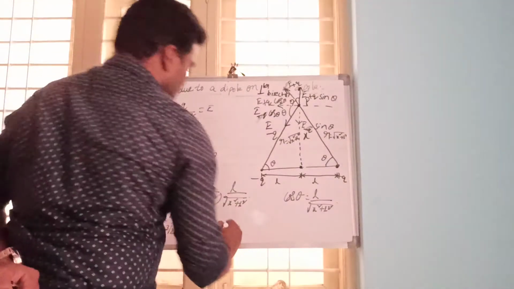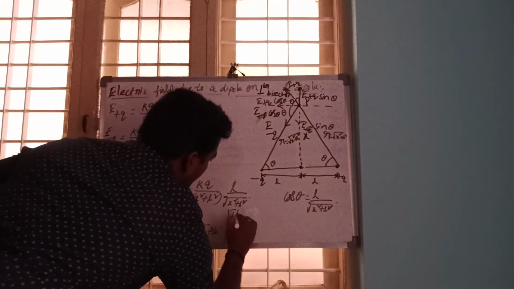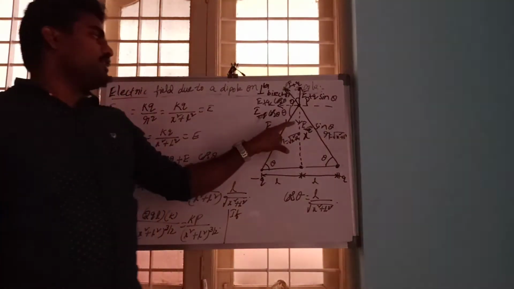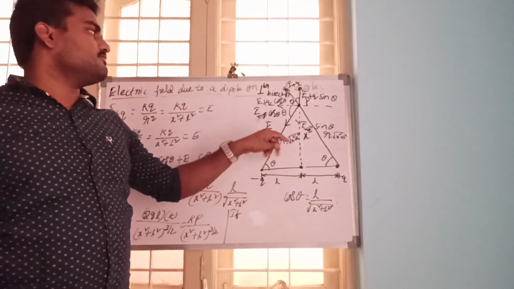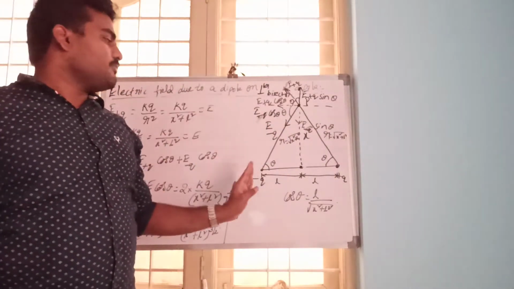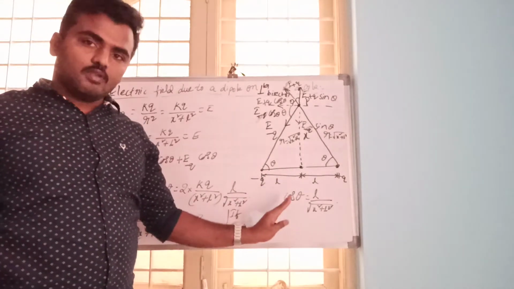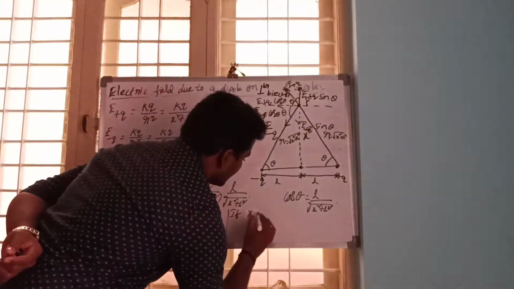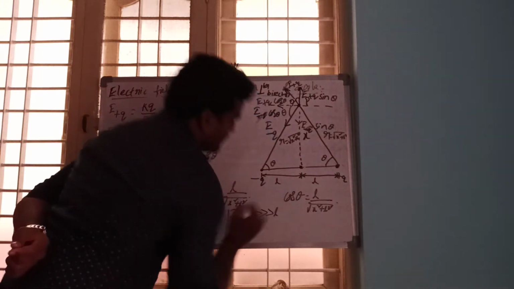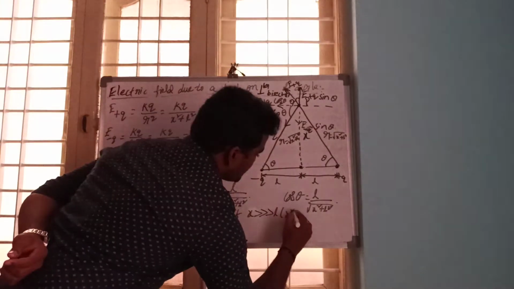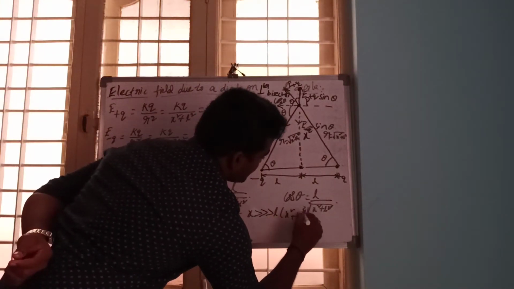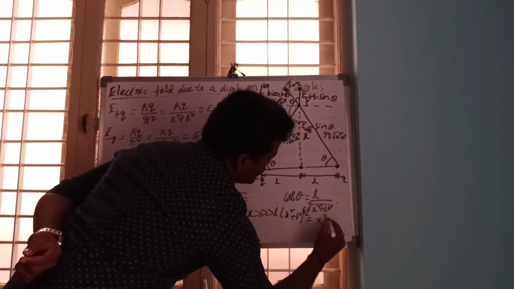Now as usual, if the distance of the point from the center of the dipole is very much greater compared to half of the length of the dipole, meaning x is very much greater than L, then x square plus L square whole power 3 by 2 will become x cube.